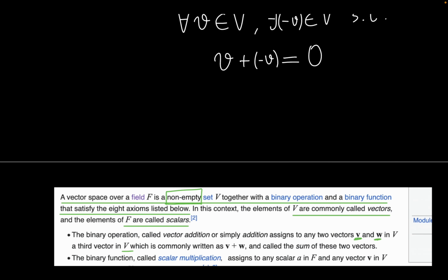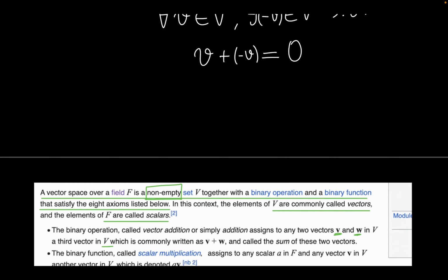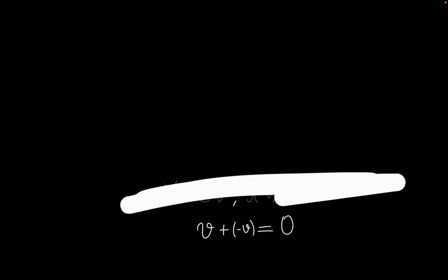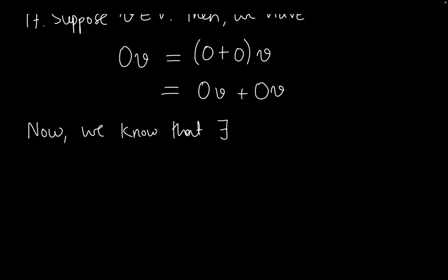So we have that v is a vector and negative v is its additive inverse. So clearly every vector in the vector space capital V has an additive inverse. Because lambda v is also a vector, because of scalar multiplication, where lambda is any scalar, we clearly know that 0v is also a vector in V, and therefore by the axiom about additive inverses, it also has an additive inverse.